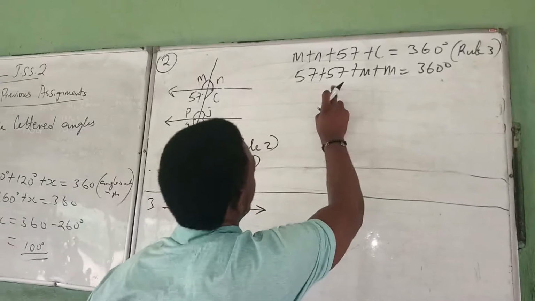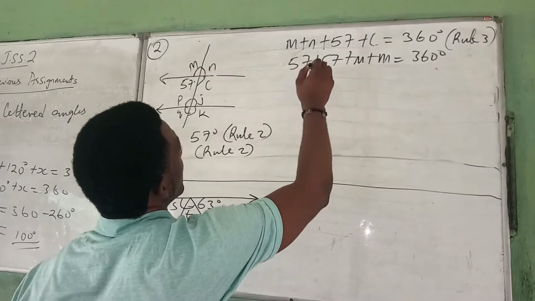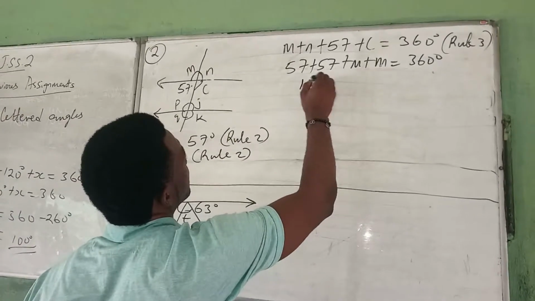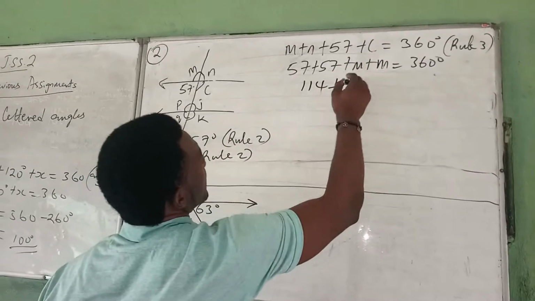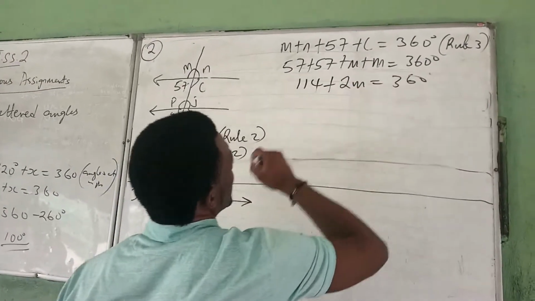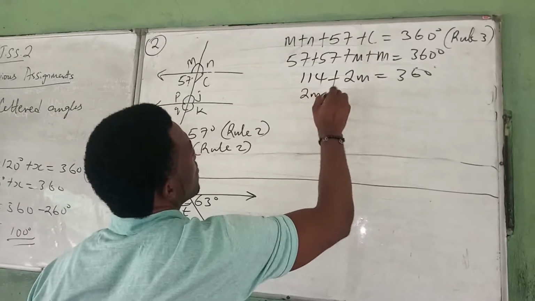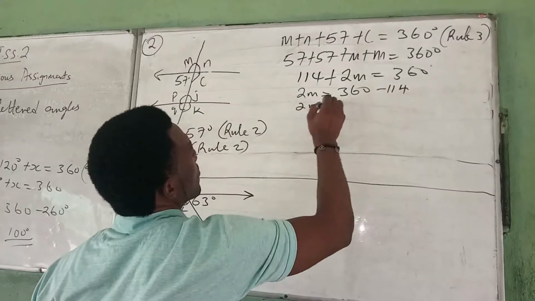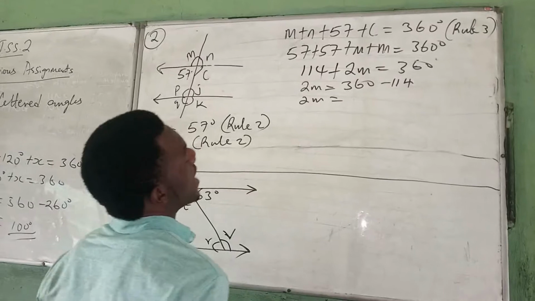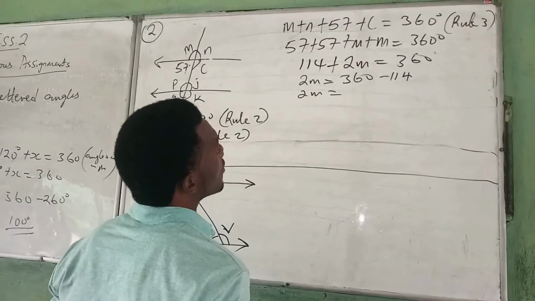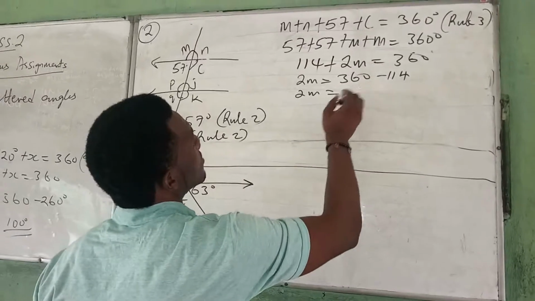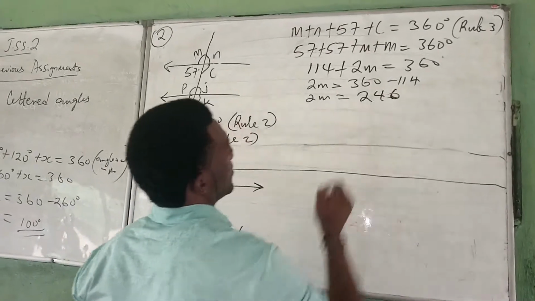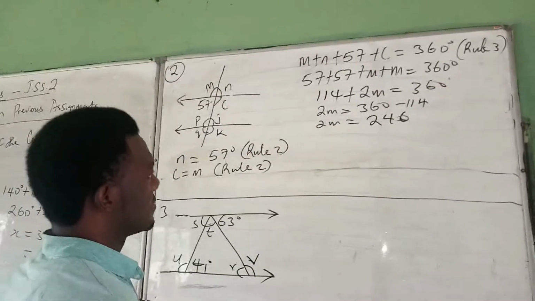Now, 57 plus 57 will give you 114. And then plus 2M equals 360 degrees. So 2M now will be equal to 360 degrees minus 114, which will give us 246 degrees.